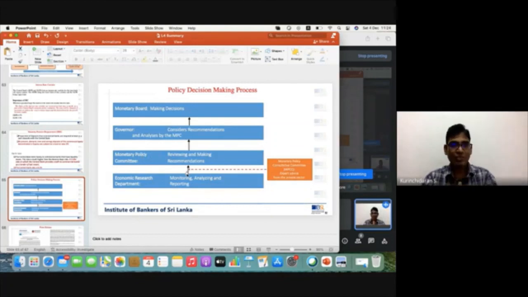The Monetary Policy Committee will review their findings and then give the recommendation to the governor. The governor will go through the recommendation and then submit it to the monetary board, which takes the decisions. So this is the process we follow.